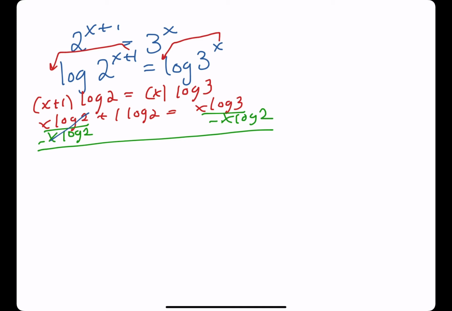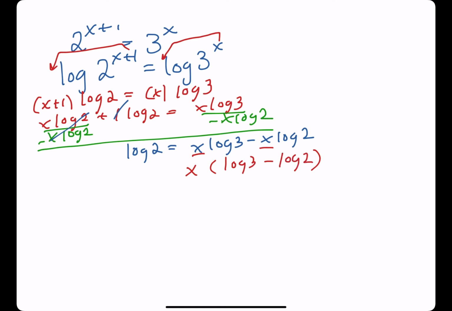I can drop the 1. Log 2 equals x log 3 minus x log 2. So I'm trying to solve for x. So you see my x's right here? I'm going to factor it out of both of those terms, and you'll be left with log 3 minus log 2.